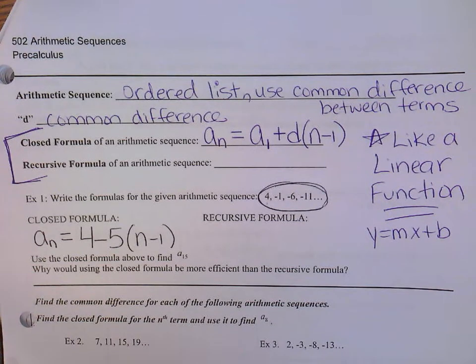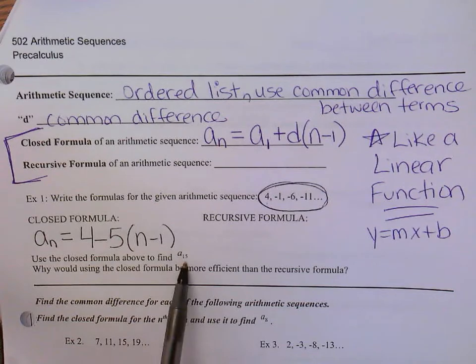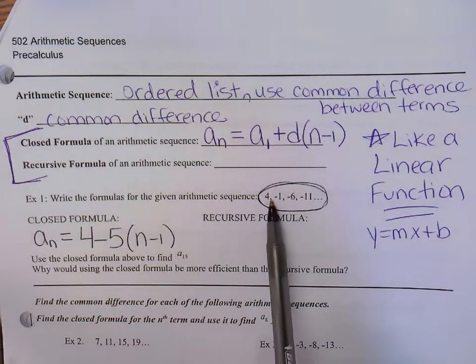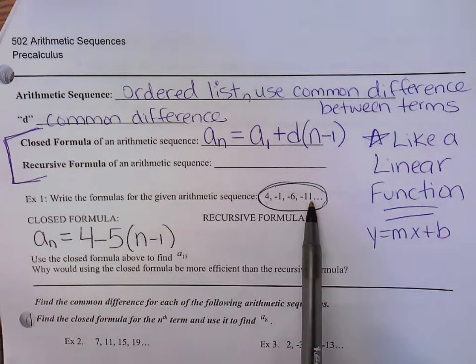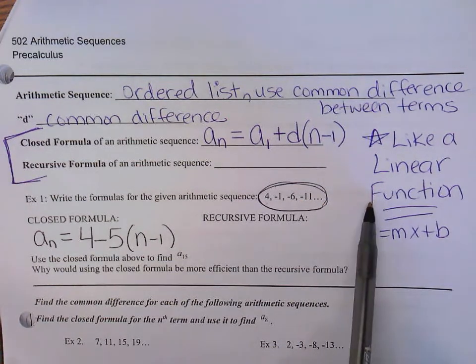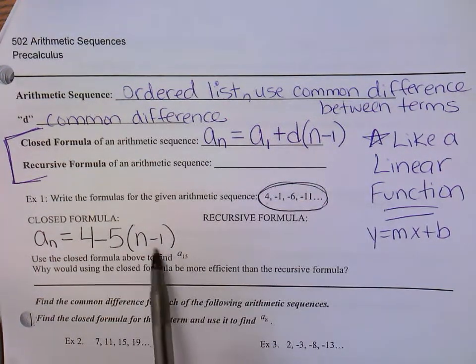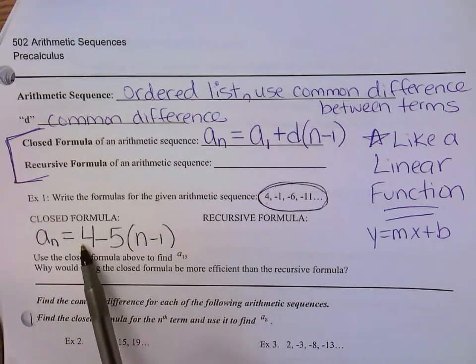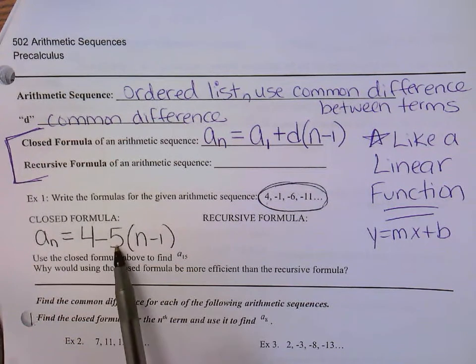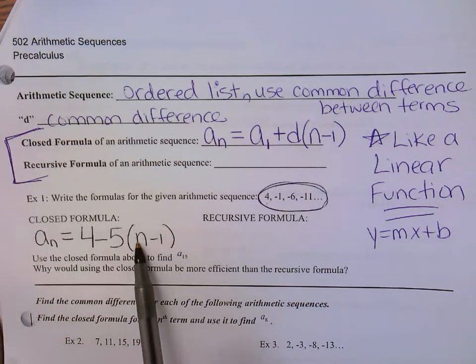So that would allow you, it says use the closed formula to find a sub 15. If it was recursive, I would have to subtract 5, subtract 5, subtract 5, 15 times, right, to get to term 15. I can just plug 15 into this formula. So I'm taking my first term of 4 and I'm subtracting 5 14 times to get to the 15th term, right?